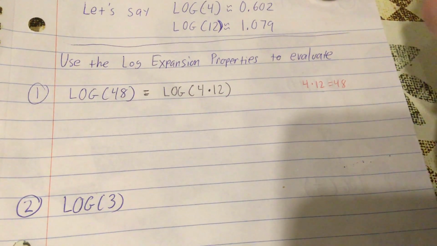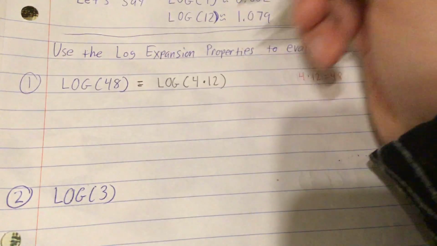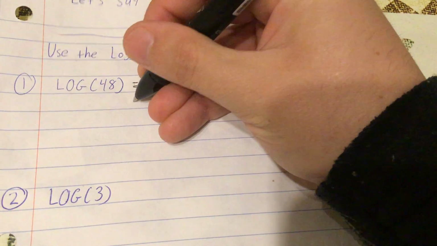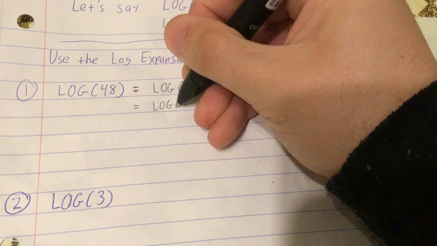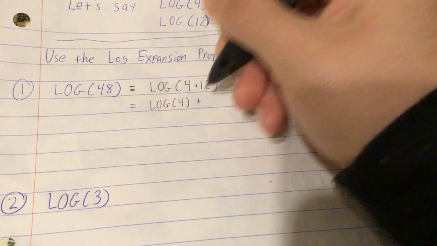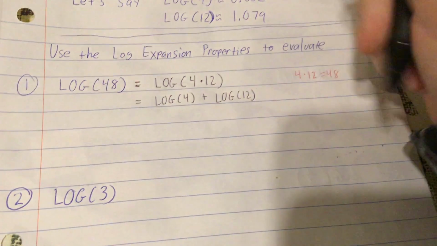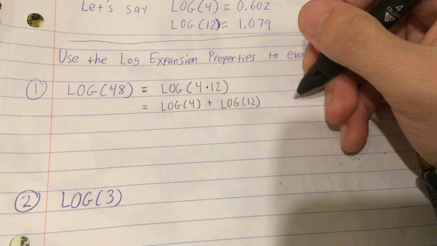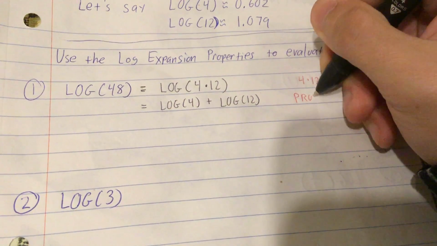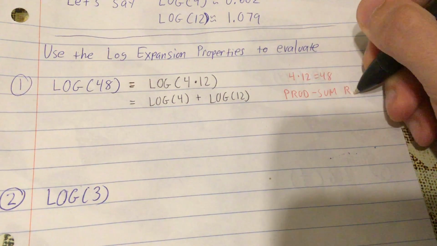And because I've got multiplication inside of this logarithm, I'm going to expand this by making this log of 4 plus log of 12. And the reason why I can do that is because there's multiplication on the inside. That is the product sum rule.